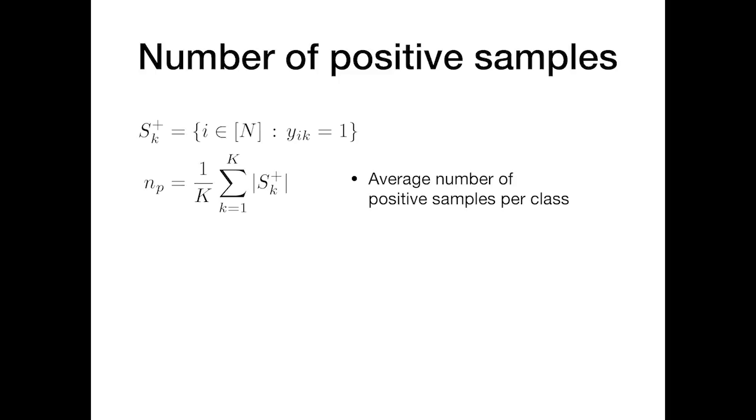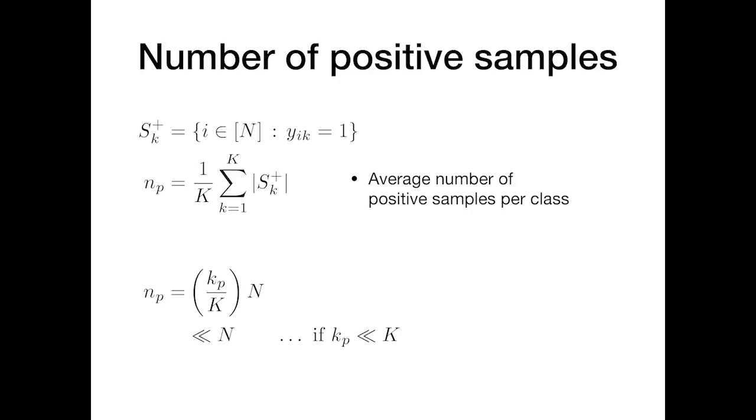And associated with it is also the number of positive samples, which is the other side of the coin, where for each sample I can talk about the number of classes for which the corresponding bit yik is 1, and talk about the average number of positive samples per class. And this NP would be very, very small.